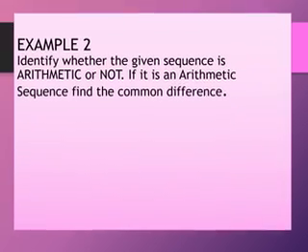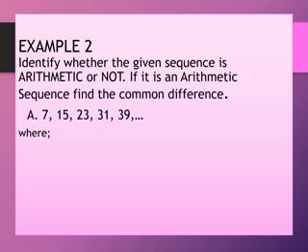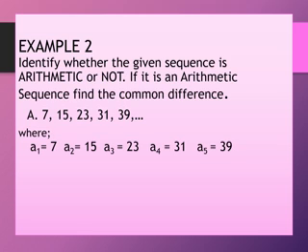Let's have another example. Identify whether the given sequence is arithmetic or not. If it is an arithmetic sequence, find the common difference. A. 7, 15, 23, 31, and 39, where a sub 1 is 7, a sub 2 is 15, a sub 3 is 23, a sub 4 is 31, and a sub 5 is 39.